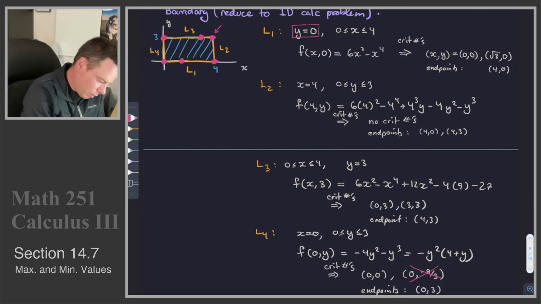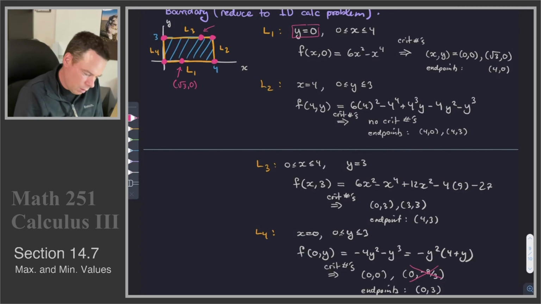And I'll add the specific values here for the ones that aren't clear to read off. So there's this one, which is (root 3, 0). And then we also have this one in the top line segment, which is (3, 3).